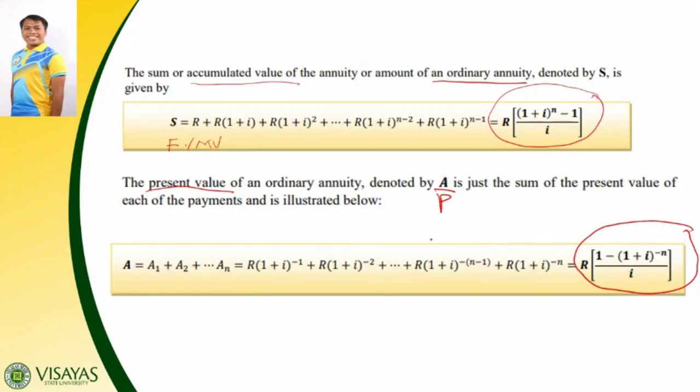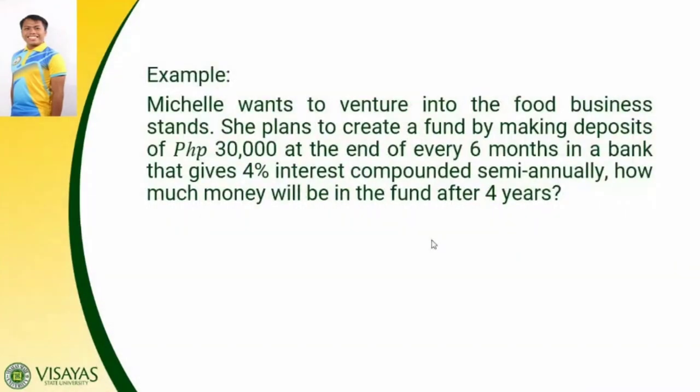And then we have an example here to further illustrate this kind of annuity. Michelle wants to venture into the food business stands. She plans to create a fund by making deposits of 30,000 pesos at the end of every 6 months in a bank that gives 4% interest compounded semi-annually.